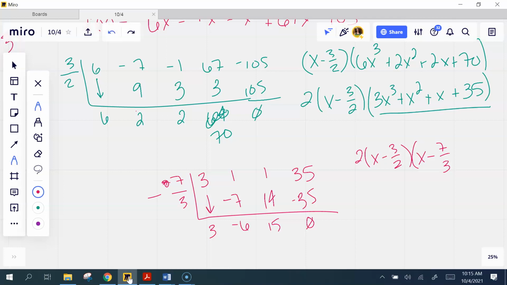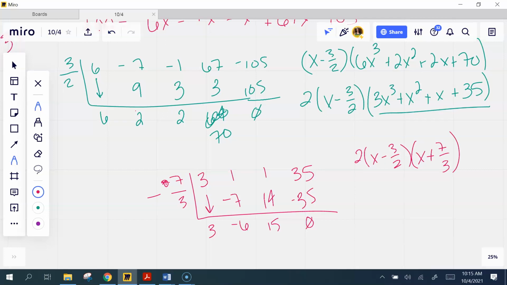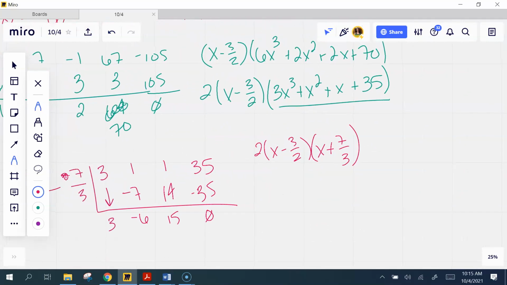No, it's not. This is a plus. Sorry. 3x squared minus 6x plus 15. If I take out a 3, that makes 6 up here.